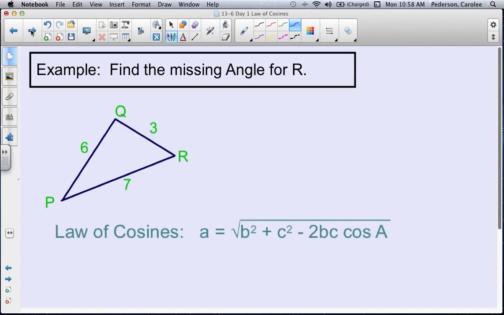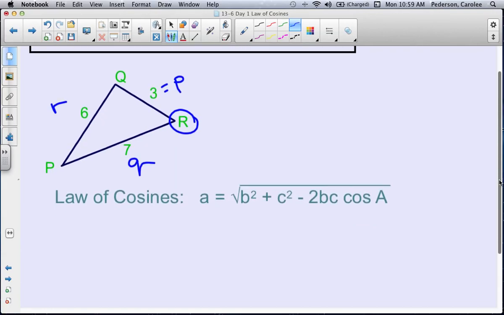Our next example is now to find a missing angle for R. So this is our missing R. And the side is r. So this is going to be our P, and this is going to be our Q. So if you're comfortable with A, B, and C, that's fine.